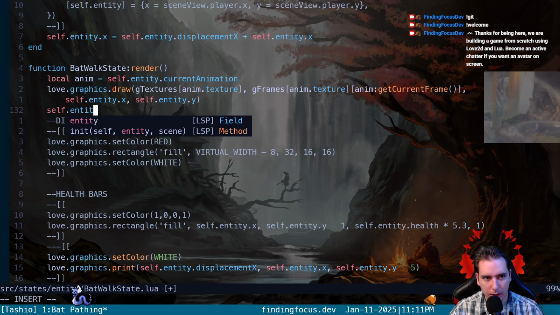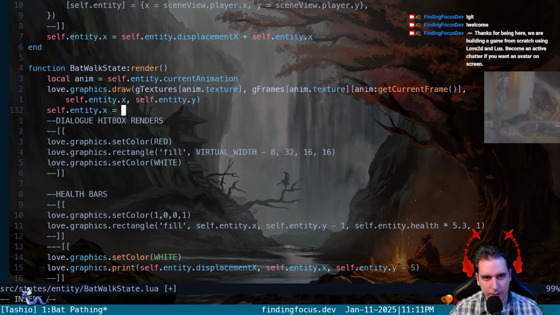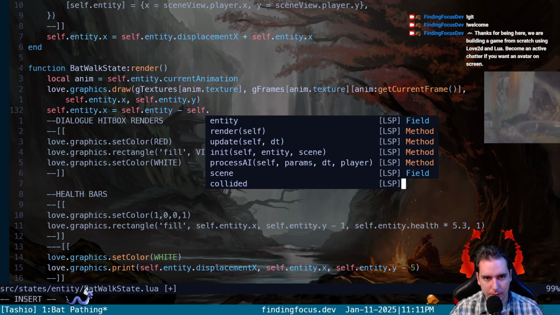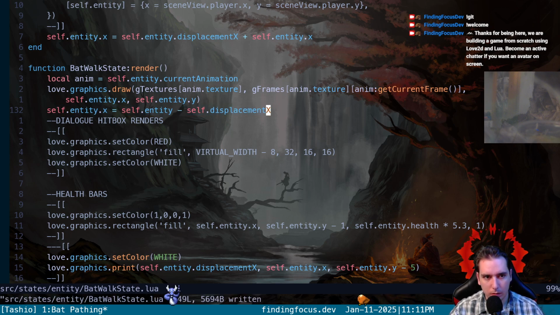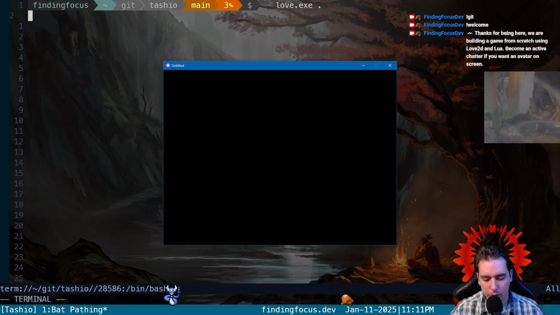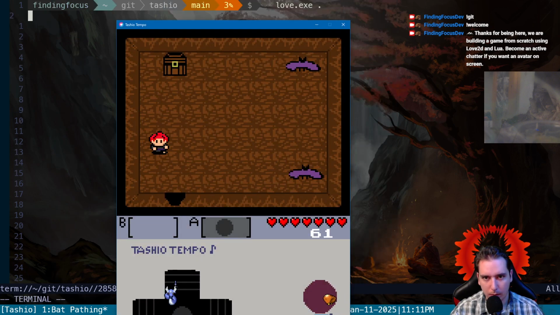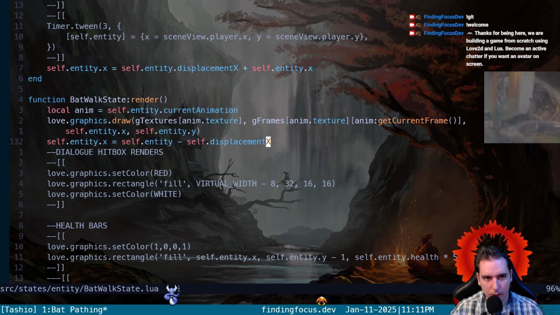So we say, okay, well now our x is going to become what we used to be, but minus this displacement x, so that we can continue to add that variable. So let's try that. We shouldn't fly off to the right this time. Shoot. Self.entity x.